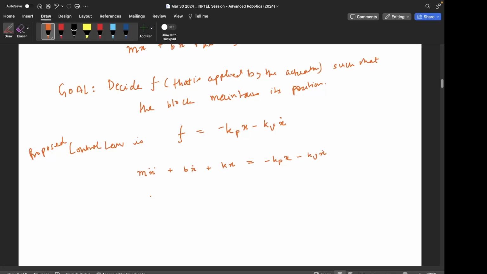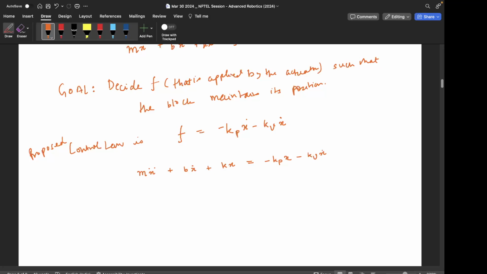Wherever we decide x is equal to 0, that could physically be a position where the spring is compressed or elongated, but wherever we decide that would be x is equal to 0, that would be the desired position, and we'll try to maintain that position. If x is high, it means you are displacing the block from its desired position, then there will be a force acting on it.